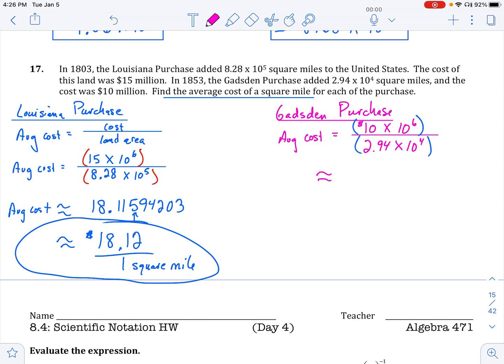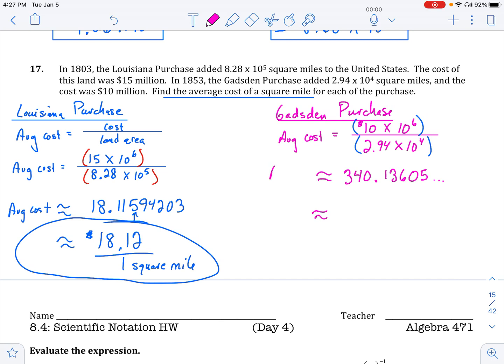The question is, as we're getting ready to compute this, do you think this is going to be a cheaper purchase because it was less land and less money? Or do you think it's going to be more expensive? And the correct answer here is more expensive.